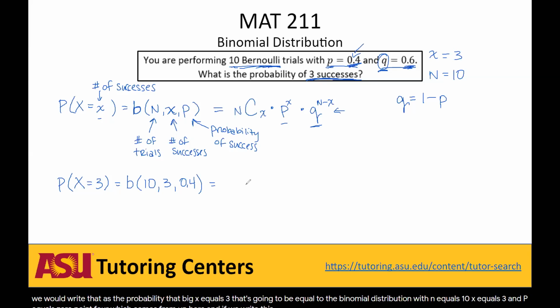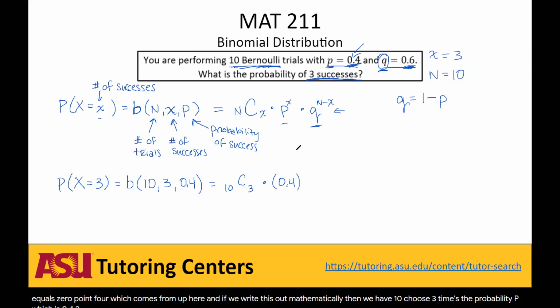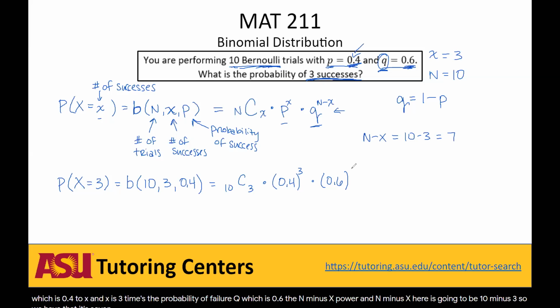And if we write this out mathematically, then we have 10 choose 3 times the probability p, which is 0.4, to x, and x is 3, times the probability of failure, q, which is 0.6, to the n minus x power, and n minus x here is going to be 10 minus 3, so we have that it's 7, so 0.6 to the 7th power.